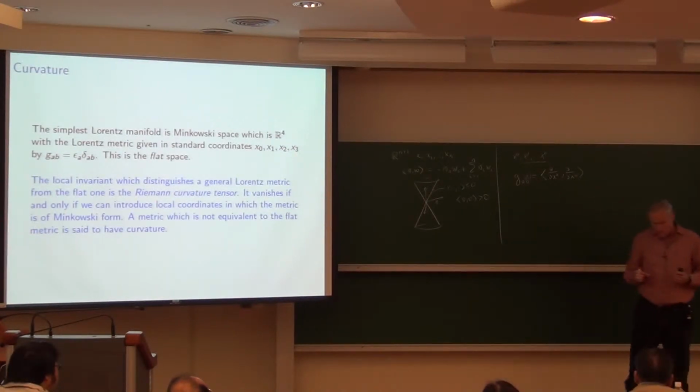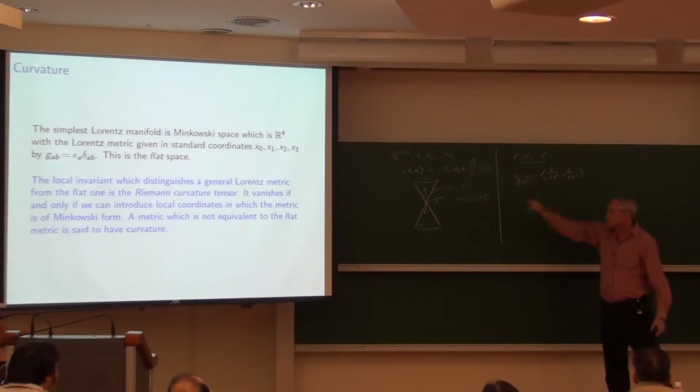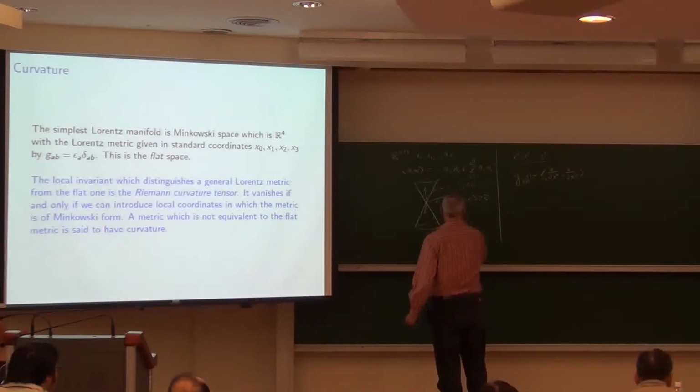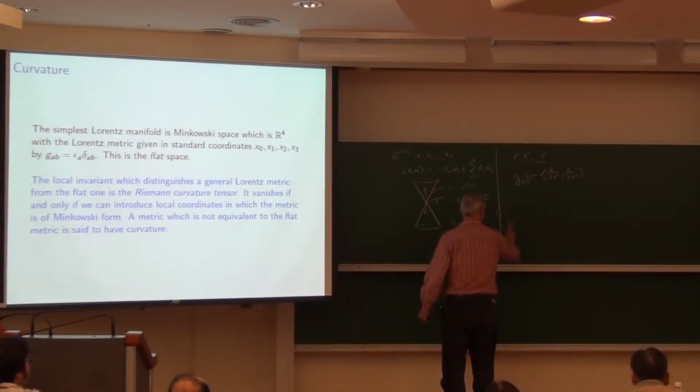And so you have to ask the question, is it possible to change coordinates to make this thing the standard Lorentz metric? So the standard one, in terms of the standard basis, has coefficients -1, +1, ..., +1.